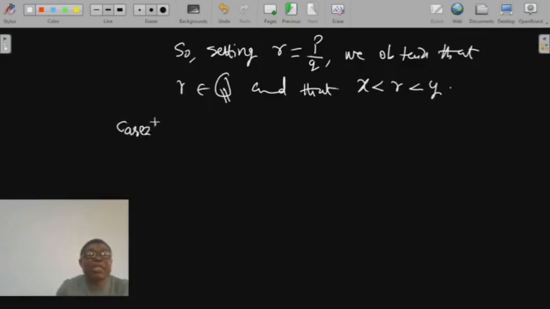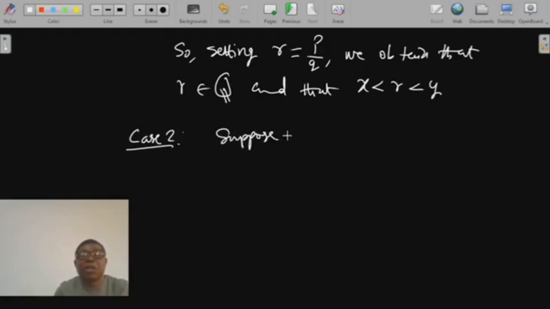In this case, we shall assume that x is less than 0. Here, case 2. Suppose x is less than 0. Then minus x is greater than 0.